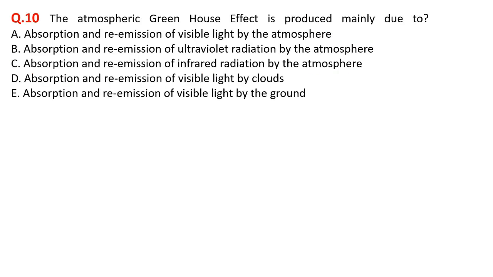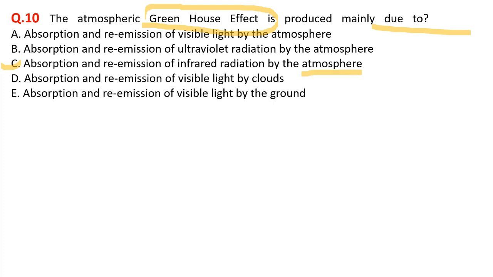Next question. The atmospheric greenhouse effect is produced mainly due to. Greenhouse effect is the increase in the temperature of the earth. If you read the options, the correct option is option C, that is absorption and emission of infrared radiation by the atmosphere.